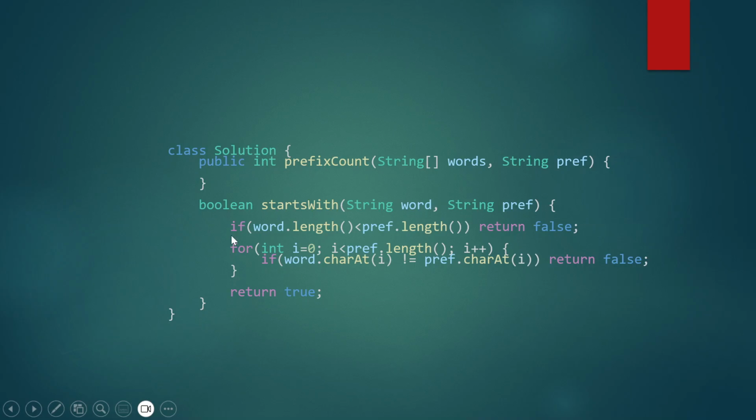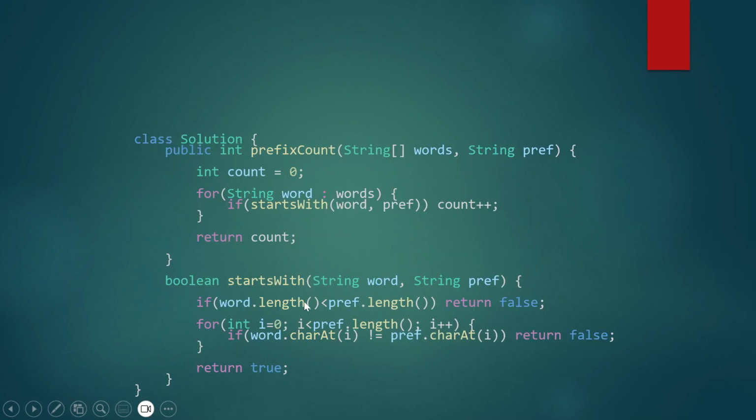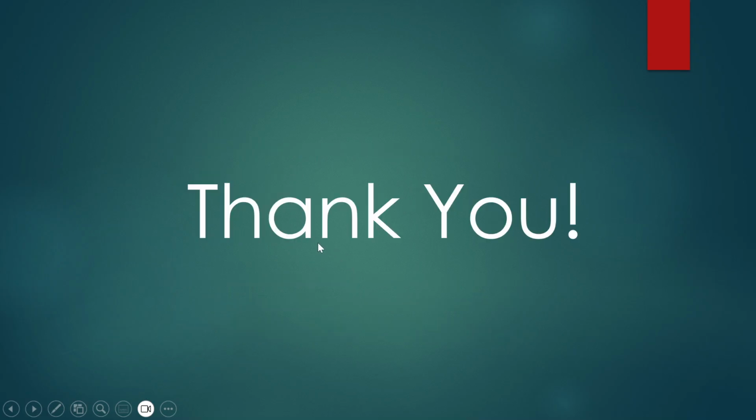If the for loop doesn't return false, we return true, which means all characters match. Now I initialize count equal to 0, and for every word I check if startsWith is true, and then increment count. Finally we simply return our result.